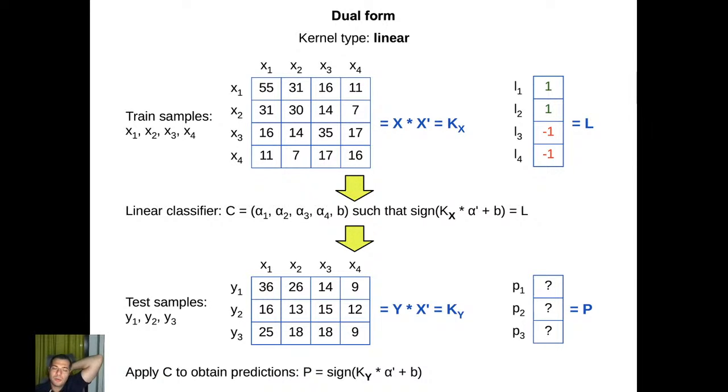The main idea here is to remember that these problem formulations are completely equivalent, and we will see that there is a direct relation between the weights W and the weights alpha.